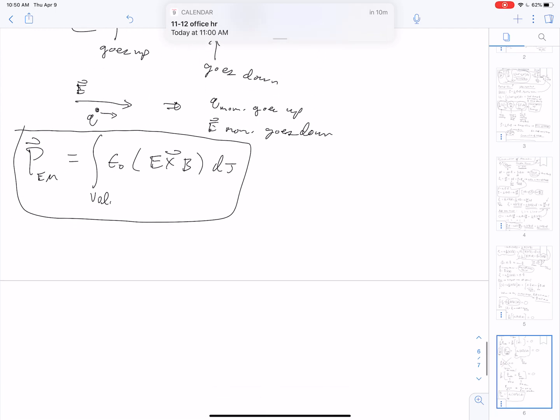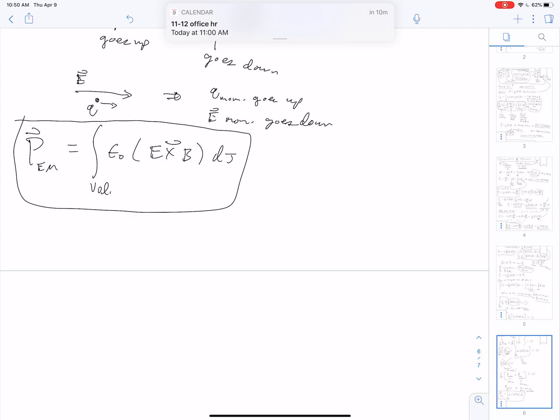And that is very significant. So what we can see is that this expression inside, since it's integrated over volume, must be the momentum density of the electromagnetic fields.